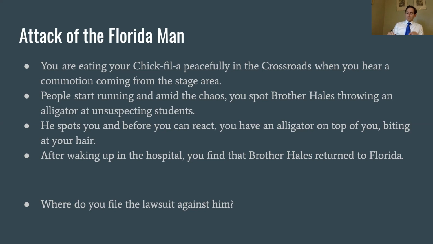And there's the amount in controversy. Are you suing me for more than $75,000? Well, yeah, I'm guessing you are. You're probably suing me for $1 million. Why? Because in this question, you wake up in the hospital and find that I've returned to Florida. I'm guessing you've been in the hospital for a while.